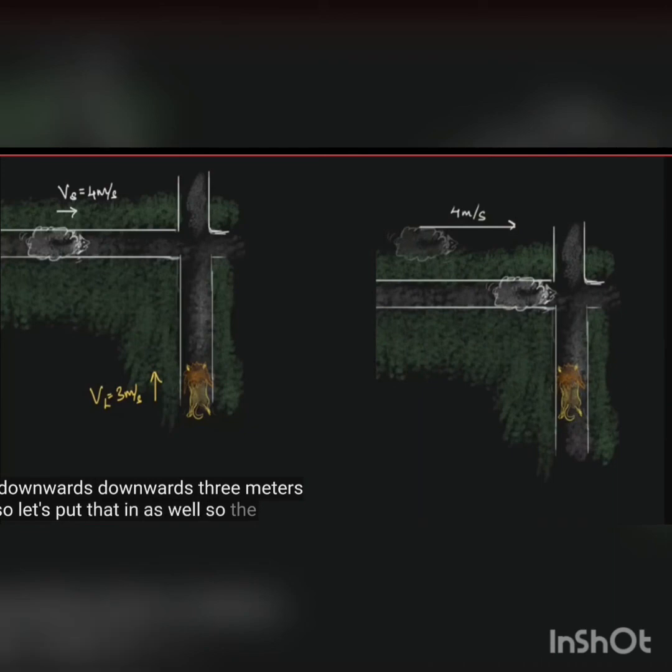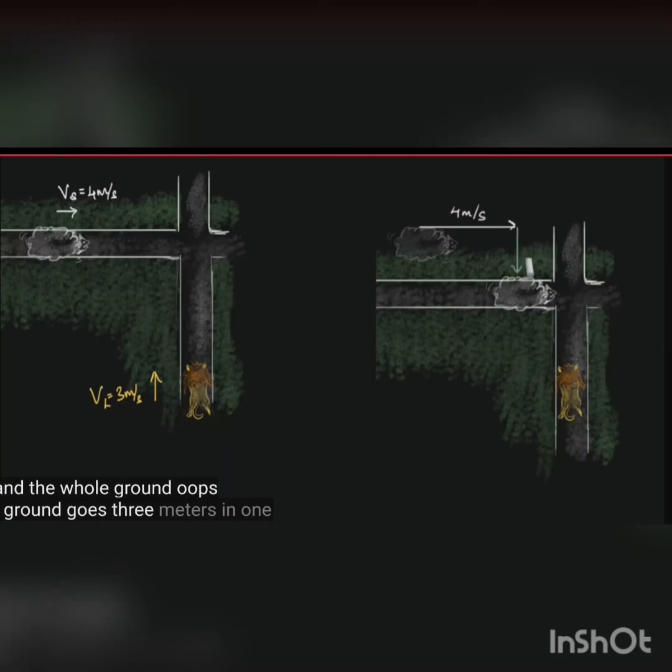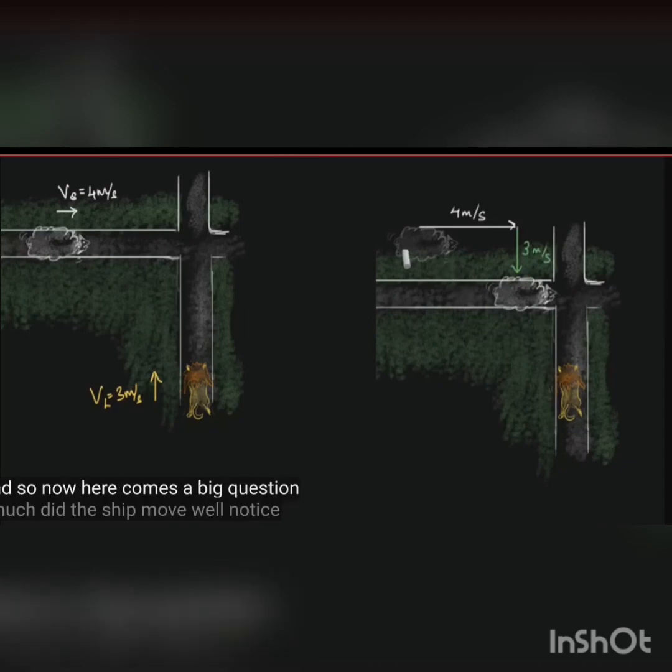For the lion, the sheep has moved forward and also downward. That's why whenever we are calculating relative velocity, we superimpose the negative of the velocity of the object with respect to which we are trying to find it out.